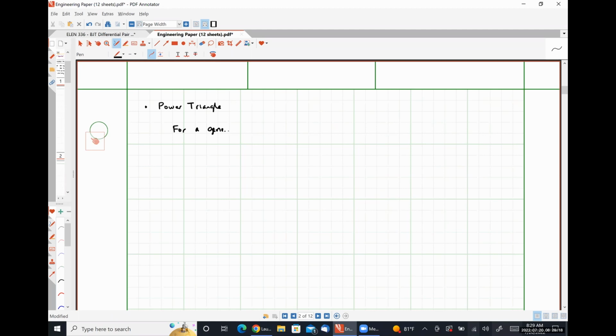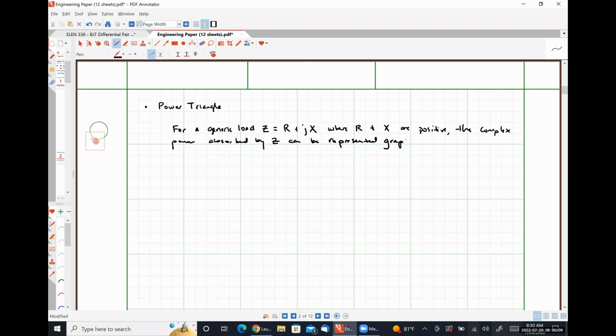So for a generic load, Z, expressed in rectangular form, but it actually doesn't particularly matter, R plus JX, where R and X are positive, complex power absorbed by Z can be represented graphically as this.